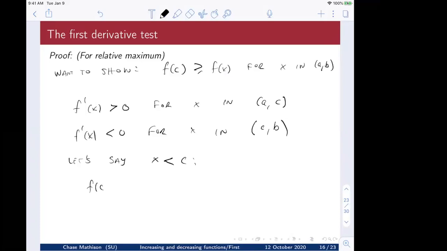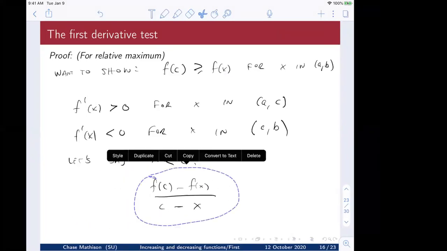Then f of c minus f of x over c minus x. What is this equal to? What does this look like? Mean value theorem. Yeah, this looks like the right-hand side of the mean value theorem, right?